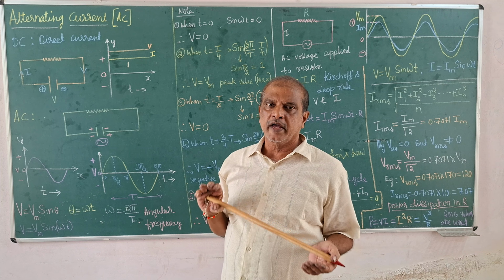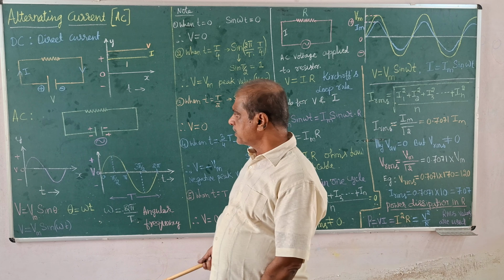We can understand this clearly when we draw the graph. What is the periodic variation of voltage and the periodic variation of current as well as magnitude?